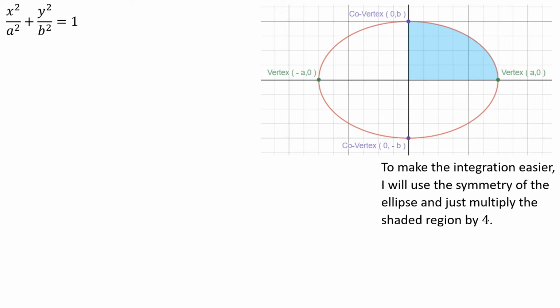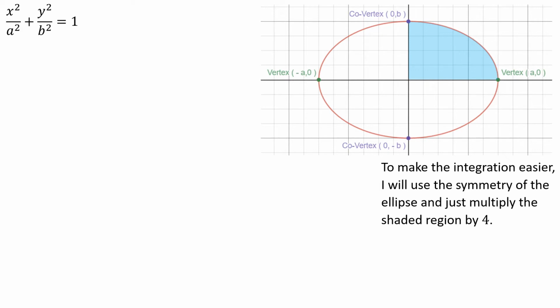Since a times a makes a squared, and negative a times negative a makes a squared, the vertices are at (a, 0) and (negative a, 0). The covertices, similarly, are (0, b) and (0, negative b).